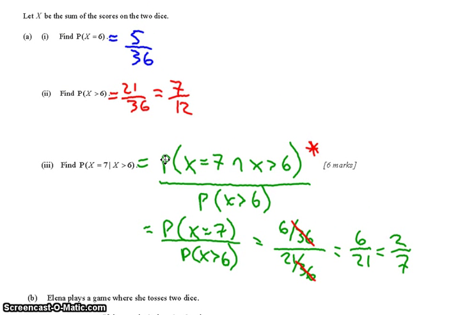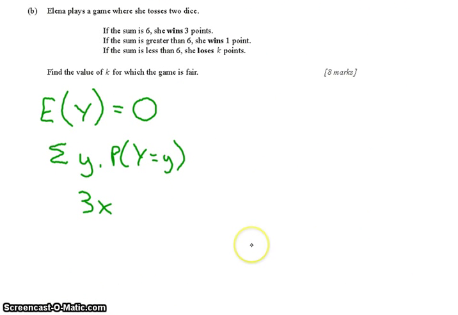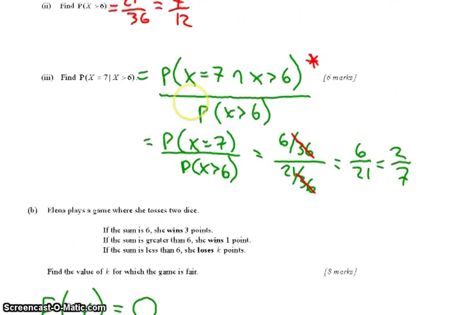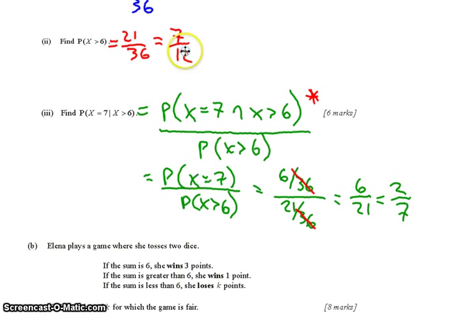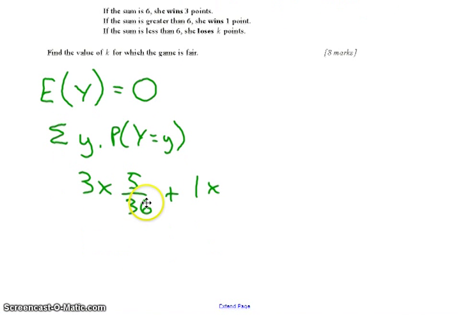The probability is 5 over 36. Plus 1 point times by the probability that the sum is greater than 6. Well, that was our answer here, 21 over 36.